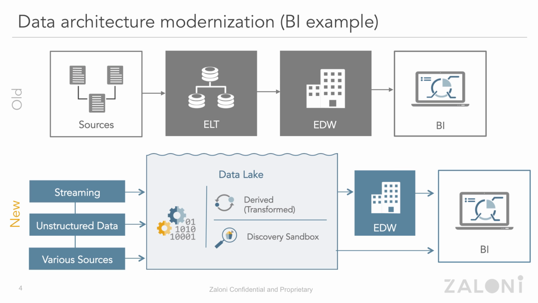And then for certain use cases that you know of today, you may be doing some layout standardization or transformations of that raw data into the derived or the transformed data. And at the same time, you want to enable that agility with discovery, exploratory and ad hoc kind of analytics on that data. So you want to set aside an area enabling your data scientists to create sandboxes and be able to do that.